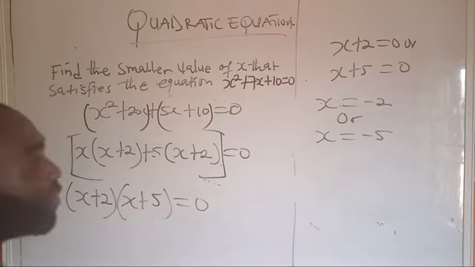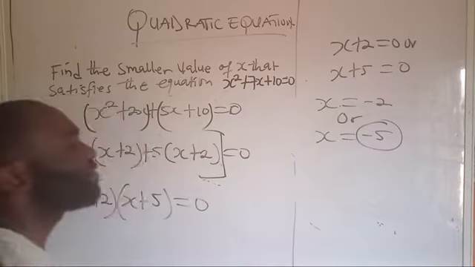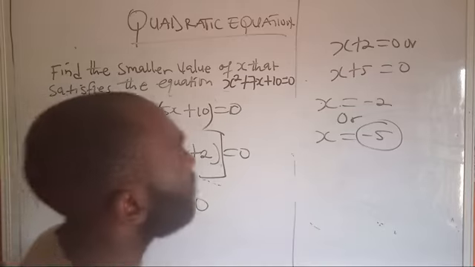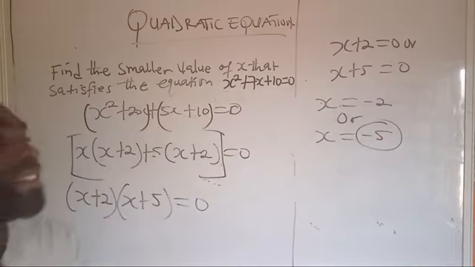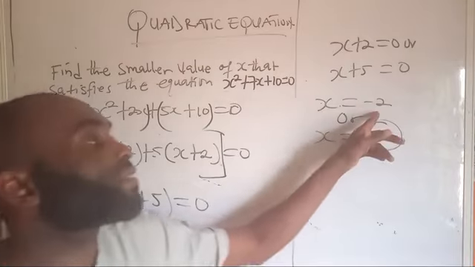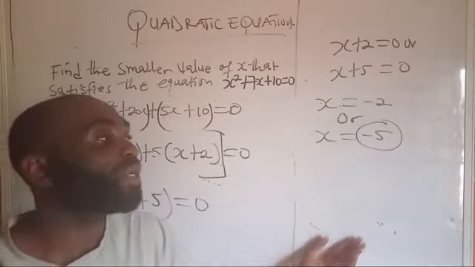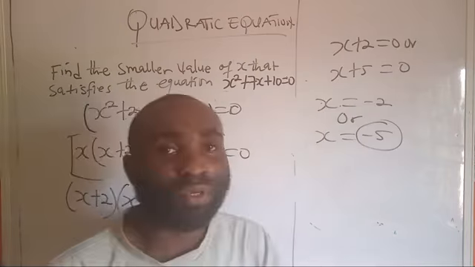So the smaller value of x here is minus 5. Why? If you're owing somebody 5,000, and another person is owing somebody 2,000, the person who is owing 2,000 is richer than the person who is owing 5,000. In mathematics, the minus sign shows that the thing does not belong to you.